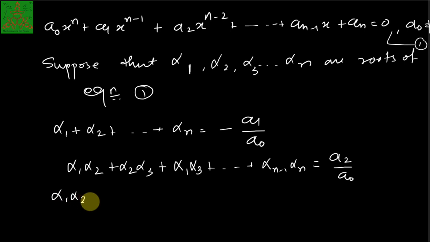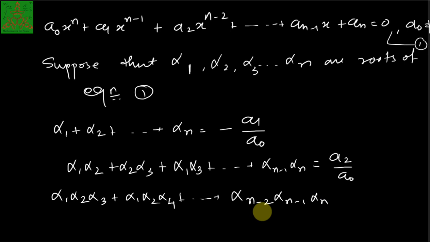The third relation: alpha 1 alpha 2 alpha 3, alpha 1 alpha 2 alpha 4, and so on, is all the possible products of three roots. The last term might be alpha n minus 2, alpha n minus 1, alpha n, and the sum equals minus a3 by a0.